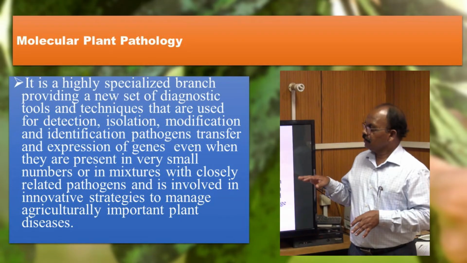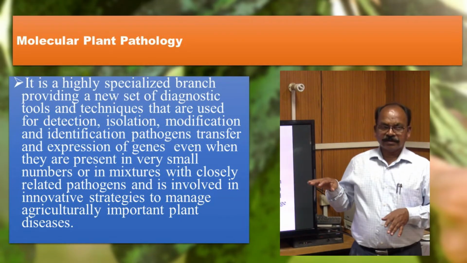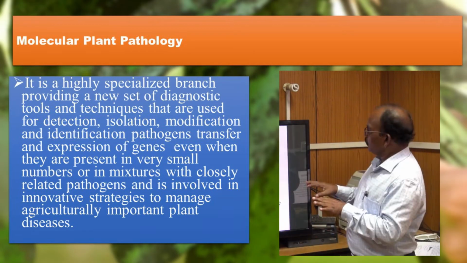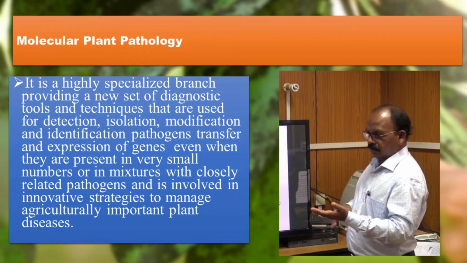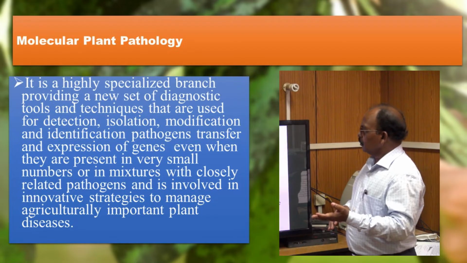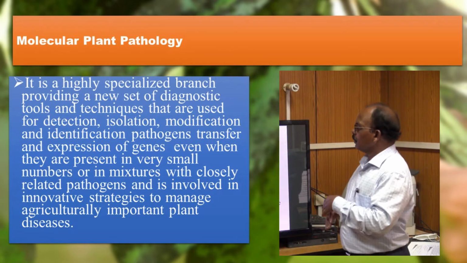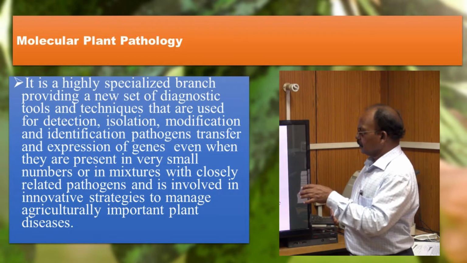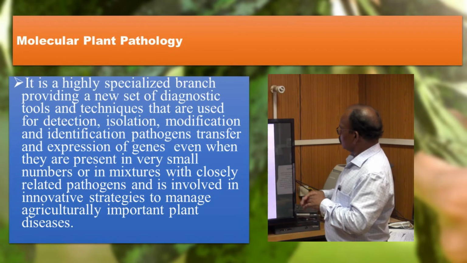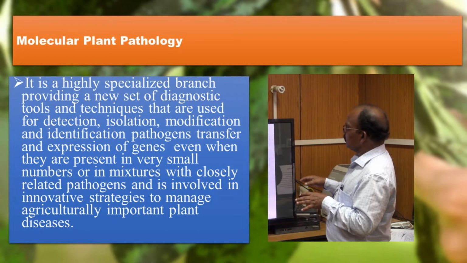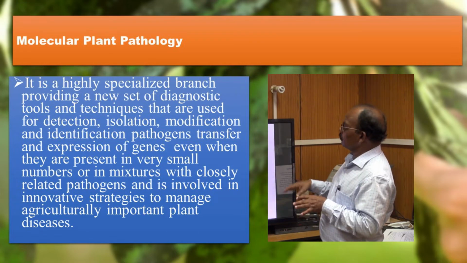These are the three main areas of molecular plant pathology. They provide new tools. What are the different tools? New tools means those used in isolation, such as the ELISA technique, RT-PCR, dot blotting, Southern blotting. All these are techniques which are used in molecular plant pathology.